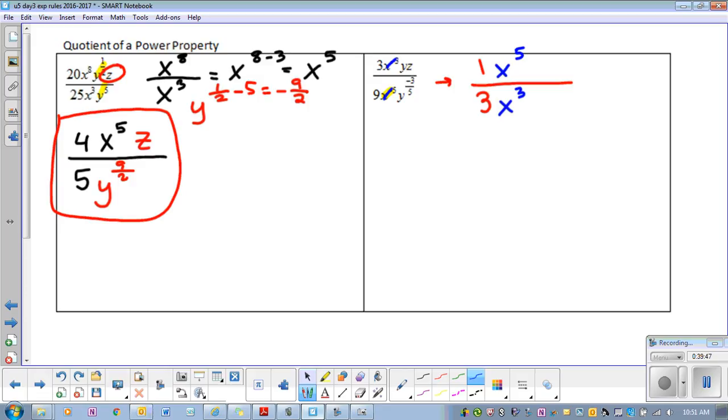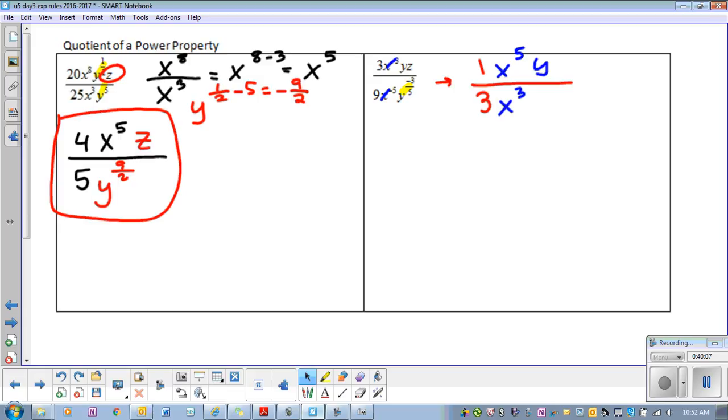Now I'm going to go back up to my y's. Oh, I have that one y. Do I need to move it? I would say at the top. Yeah, it just stays on the top. That doesn't have a negative exponent, so that one can just stay. Okay. Now down here, oh, look at that y.